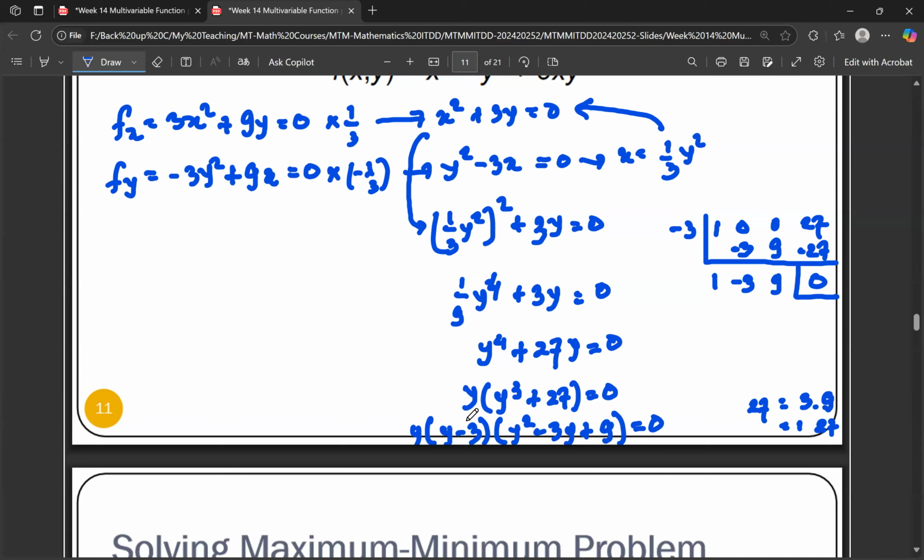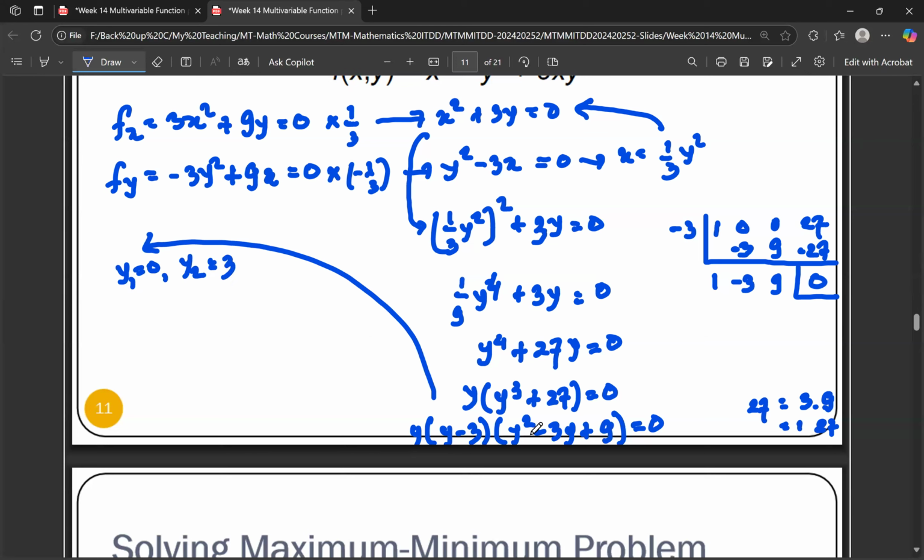This is the solution: y1 is 0 and y2 is 3. And what about the rest?